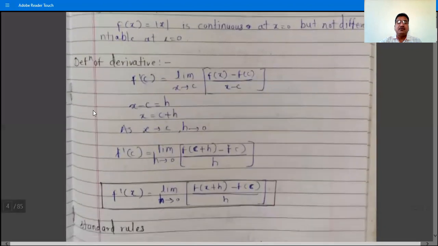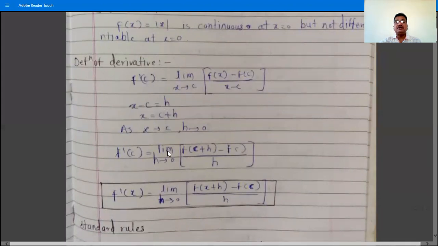So the definition of derivative is this: f'(c) is equal to limit x tends to c f(x) minus f(c) divided by x minus c. Substitute x minus c as h, and so x is c plus h, and then as x tends to c, h tends to 0, because if x is c, then the value of h is c minus c, that is 0.